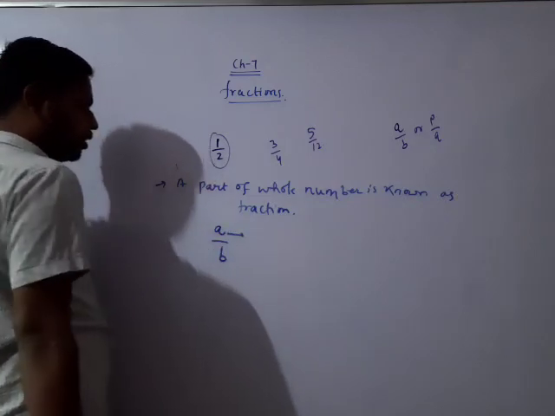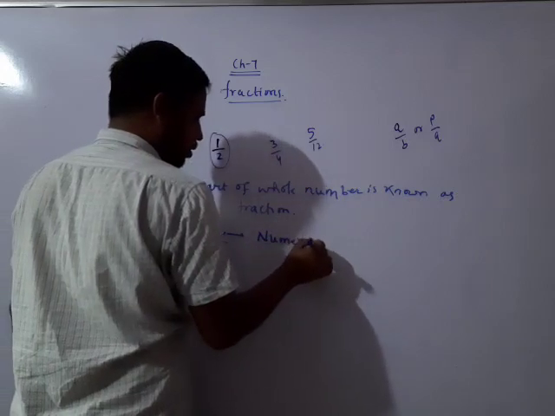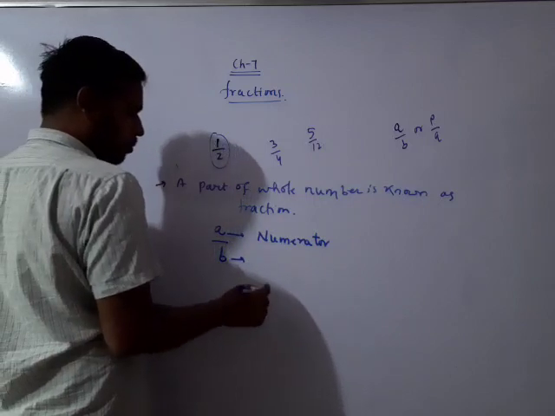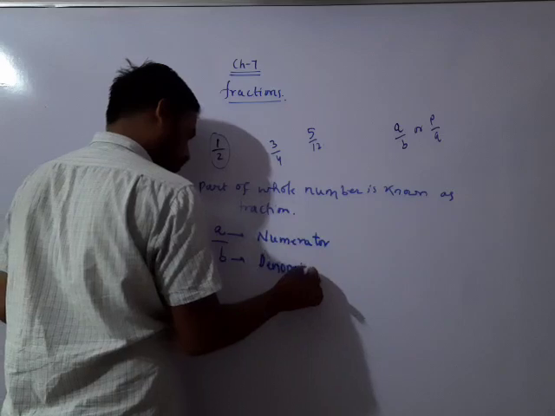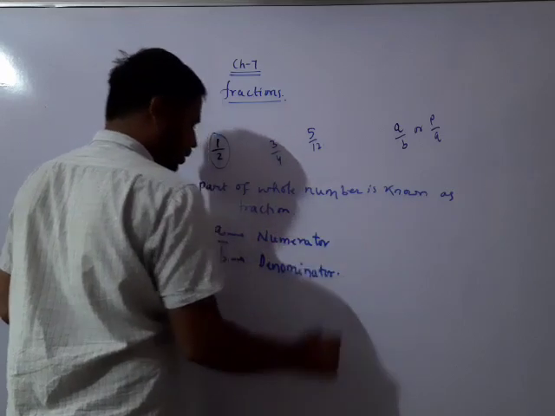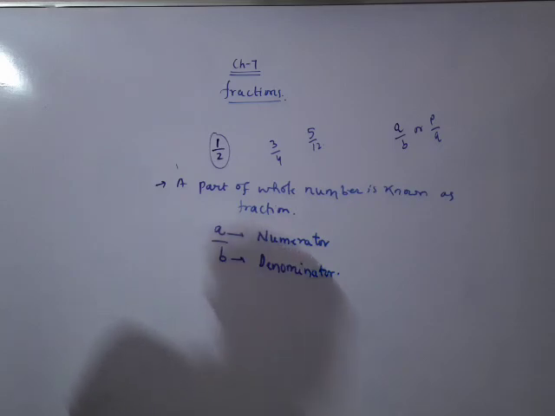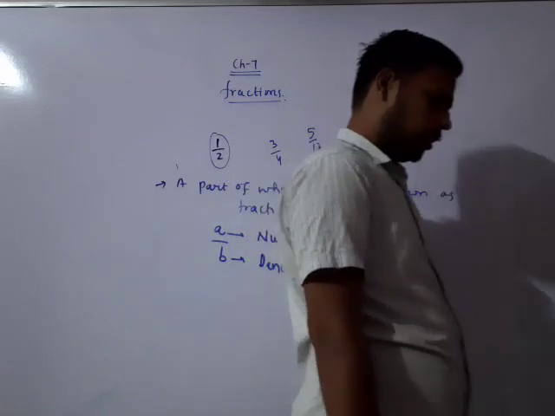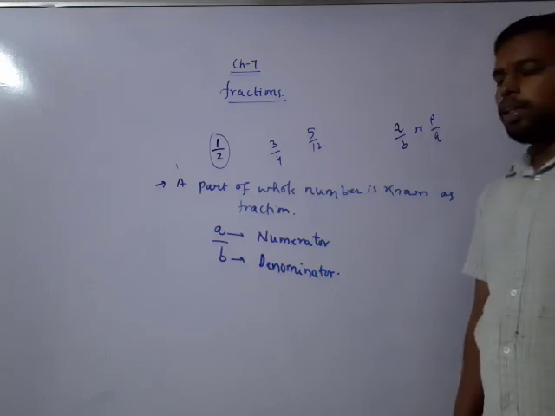So a is known as the numerator and the lower number will be known as the denominator. Numerator and denominator. Understood? Numerator and denominator.